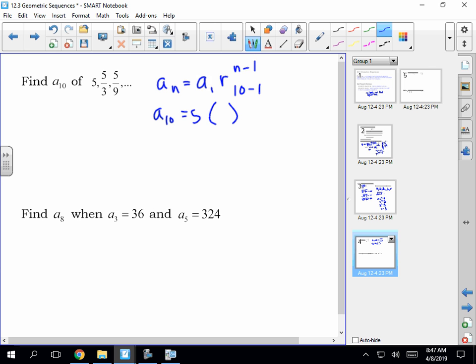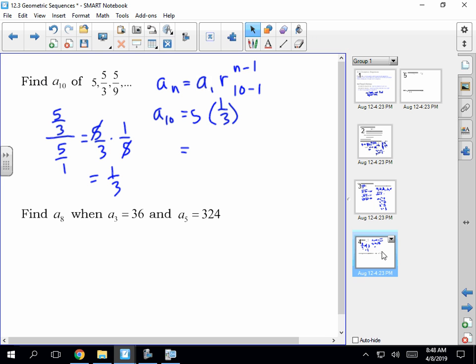So to find r, it's the same way you would find it as you're checking. We just need to check one set of pairs, though, because they have already told us it's geometric. So if I take 5/3 and divide it by 5 over 1, it's the same as 5/3 times 1/5, or 1/3 is my common ratio. And then using your calculator, you can plug that in.